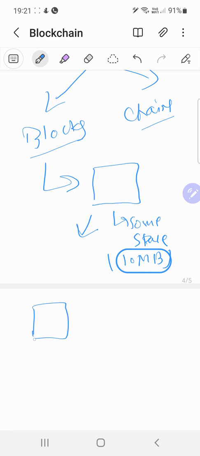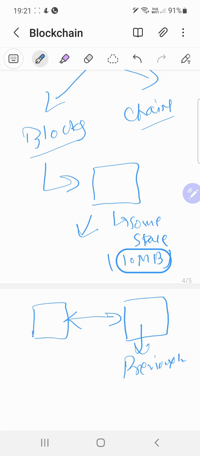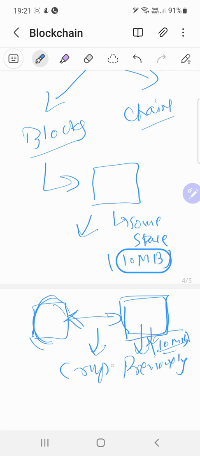As soon as this particular block's space is filled, it is going to get connected to the previously created block. This block must have been created previously, and it also has some space, which is 10 MB, and it must have been filled, and the moment it is filled, it gets attached to the previously created block using cryptography.